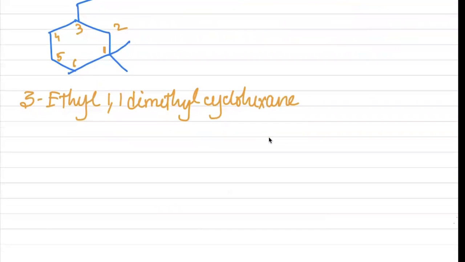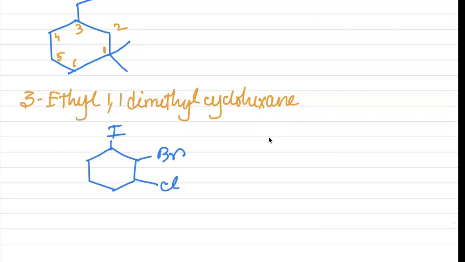And the last one in cyclic compounds is this, where halogen groups are present. Then numbering will start from here. See, 1, 2, 3. Lower set of locants.